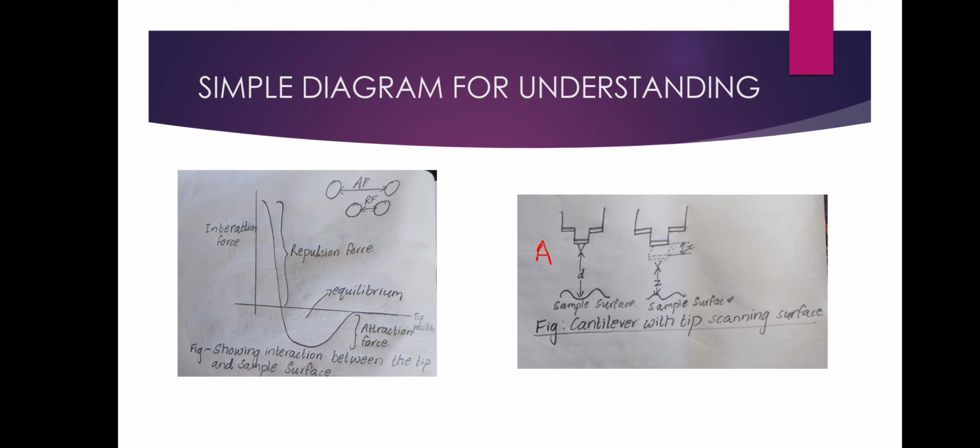Since the position of the cantilever is changing continuously, the incident laser which is falling on the cantilever gets reflected with different intensity and angle, which is being collected by the photodiode. I repeat, since this movement across the sample surface changes the force due to the distance between the tip and the sample surface, the position of the cantilever continuously changes.